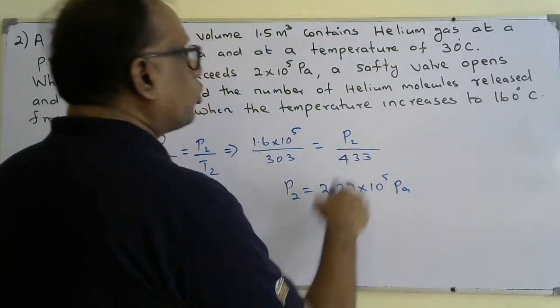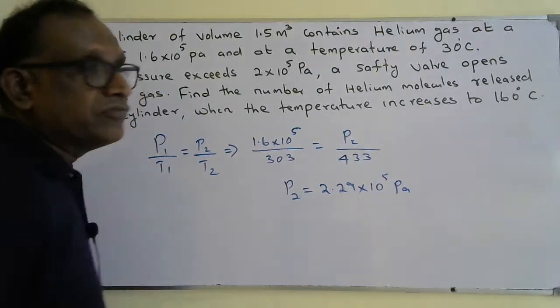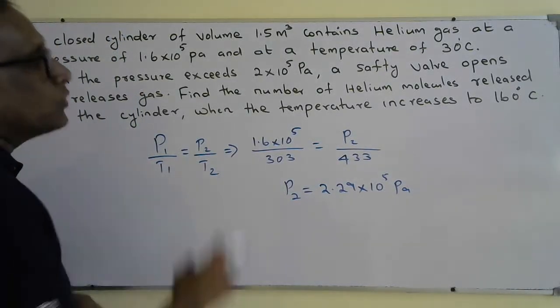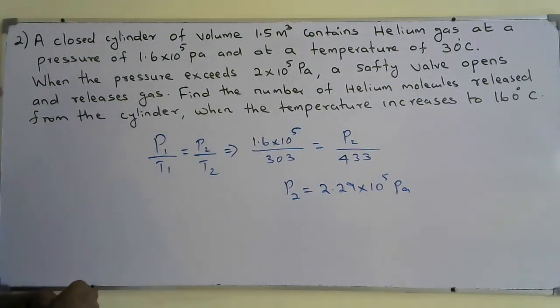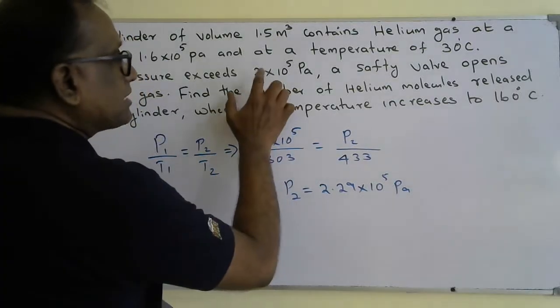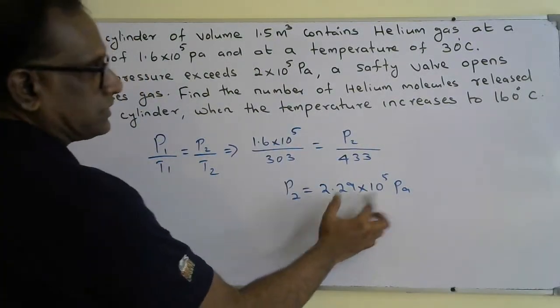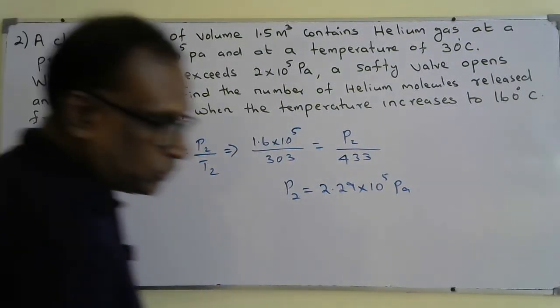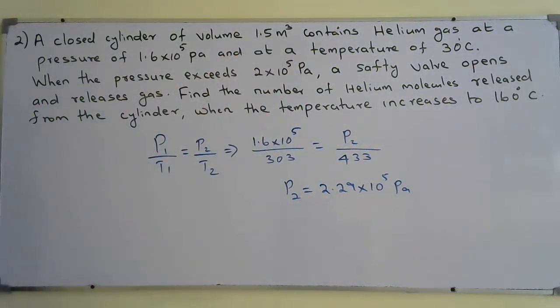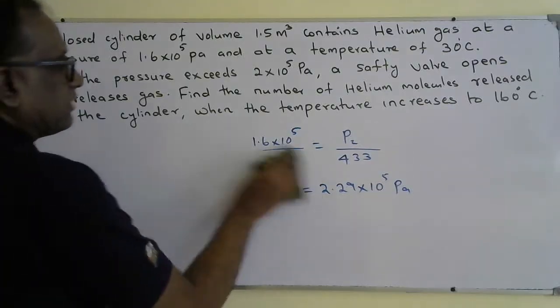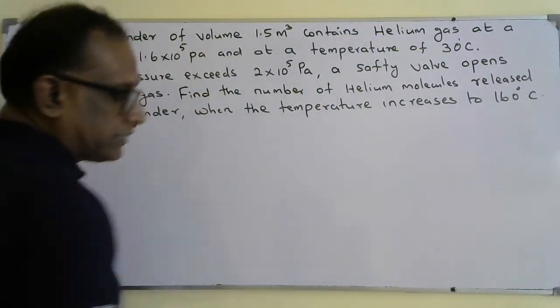So that means it's more than the safety value of pressure. So certainly the valve should release, because if the valve is not working, the pressure will become this one. So it might explode or burst or whatever. So certainly the valve will function and it's going to release.